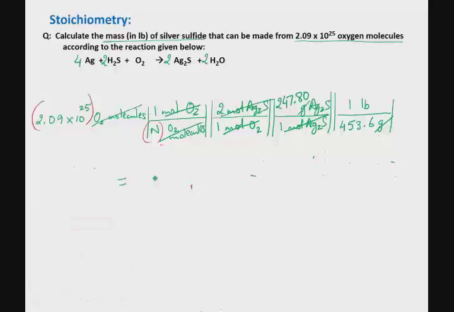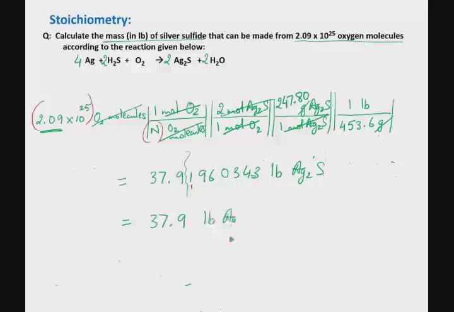When you calculate this, hopefully we all get 37.91960343 pounds of silver sulfide, which needs to be rounded to 3 significant figures based on that number, and gets rounded to 37.9 pounds of silver sulfide as the final correctly rounded answer.